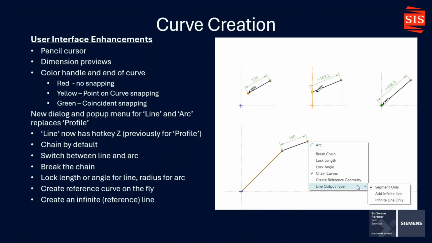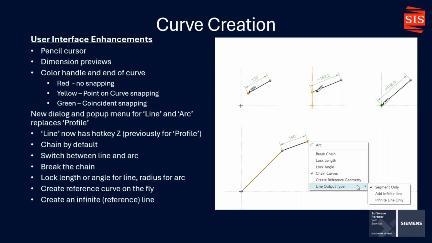Some other cool things here is that you can create reference geometry on the fly. Previously, we had to create a curve, and if we wanted it to be a reference curve, you'd then select it and convert it to a reference curve afterwards, and you no longer need to do that. Pretty nice to be able to do that on the fly, and they took it a step further. They added the ability to add an infinite line, which is a reference line.